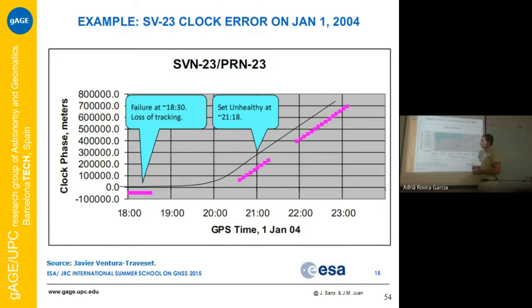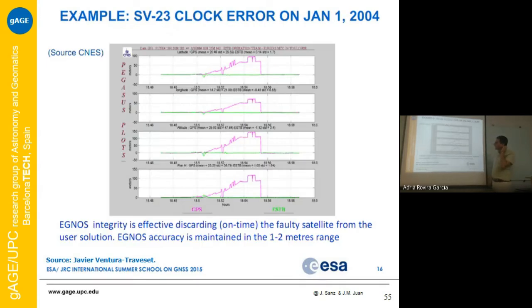And remember, this was a clock event, so suddenly the clock went out of tolerance and accumulated a very big error. And this is how EGNOS performed. We can see the GPS error. This is the error for different stations.